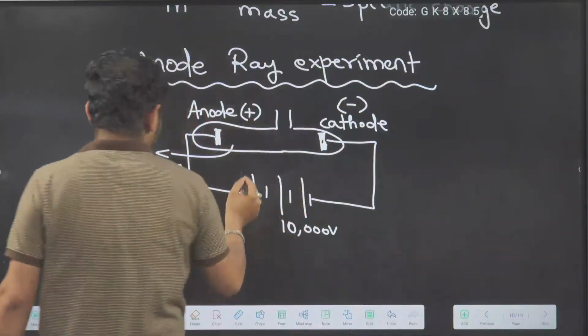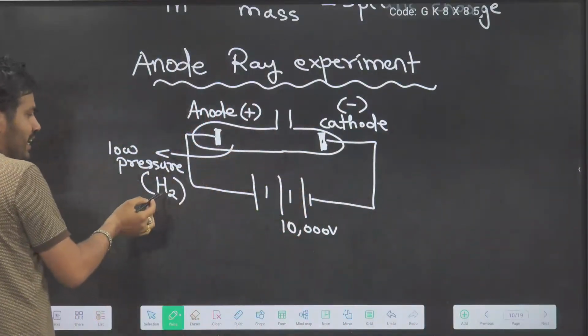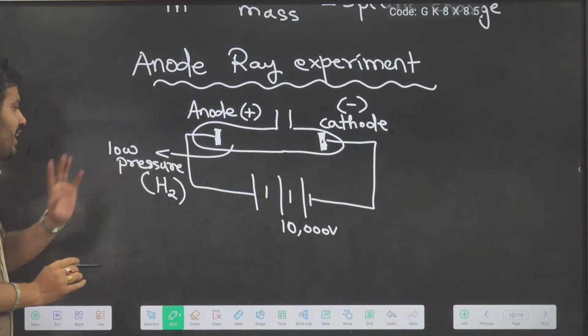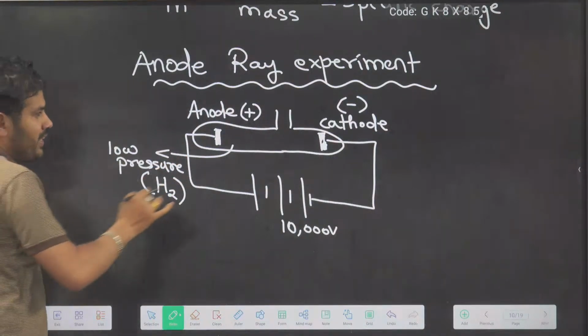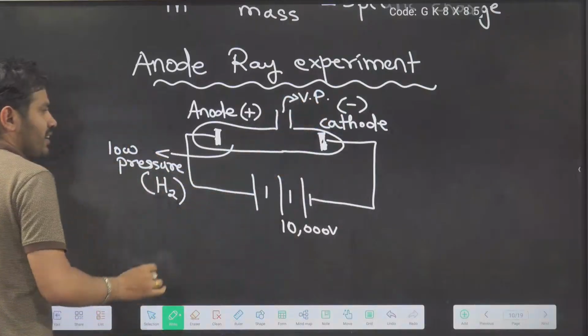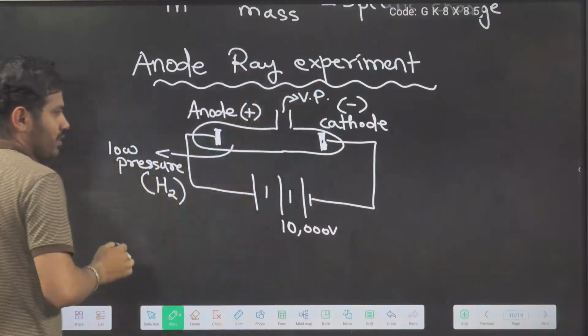Now you see, we have taken hydrogen gas inside. We may take some other gas also, but for simplicity we have taken hydrogen gas. Very low pressure is maintained with the help of a vacuum pump attached here, right? The anode is there and the cathode is there.